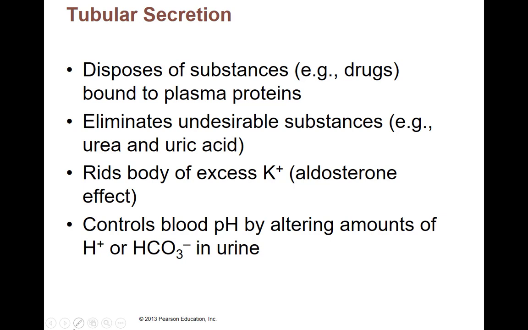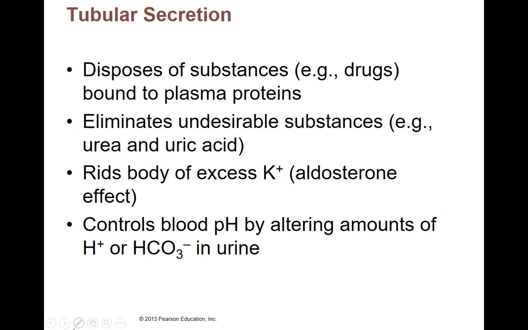Very narrow range. If it starts to become too acidic, like 7.25, that can do damage to organs. We can secrete hydrogen ions into our urine, because the more hydrogen ions, the more acidic something is. If those hydrogen ions leave the body, your pH rises.